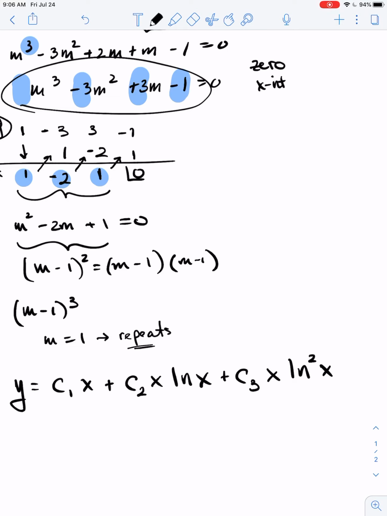And then every time after that, you just continue to multiply by ln x, so this is ln squared x.